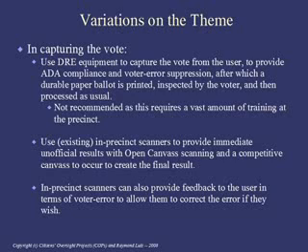Those in-precinct scanners could also be used to provide feedback to the user in terms of voter error, to allow them to correct it and then suppress this type of voter error, which is one of the goals of the HAVA Act.